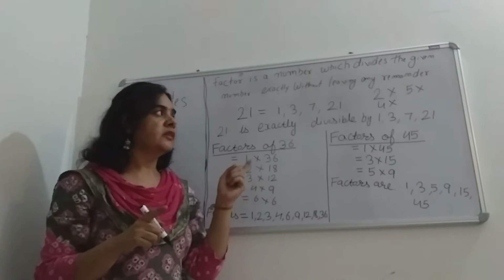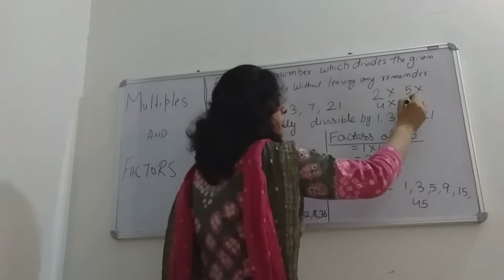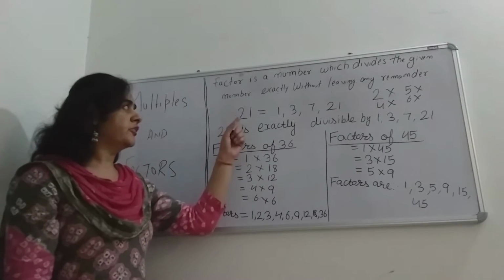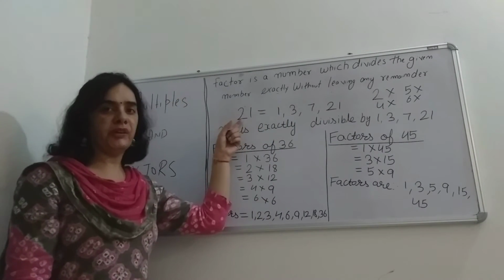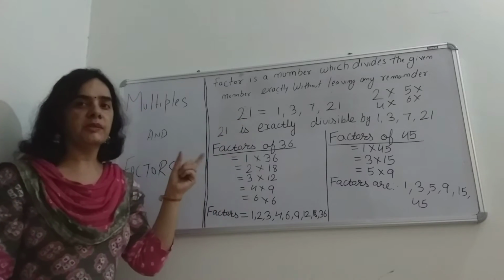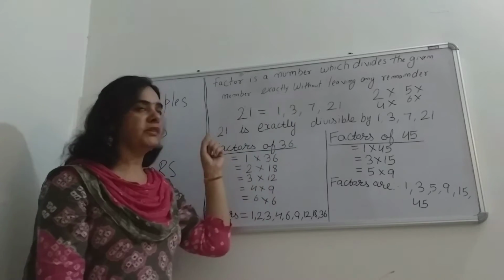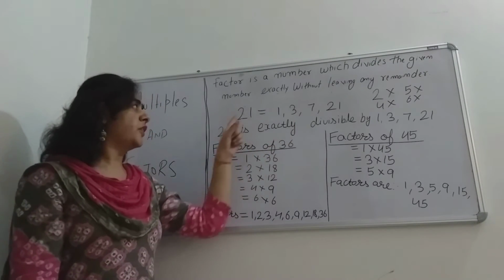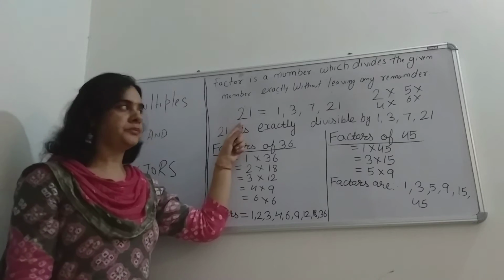The remainder will not be 0. So 6 is not a factor of 21. So let's try 7. If you divide 21 by 7, 21 is exactly divisible by 7. 7 3s are 21. So 7 is a factor of 21.